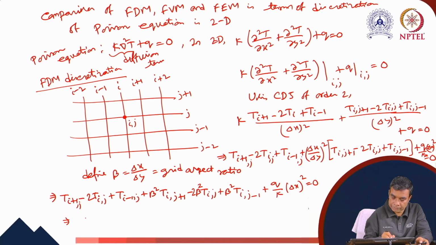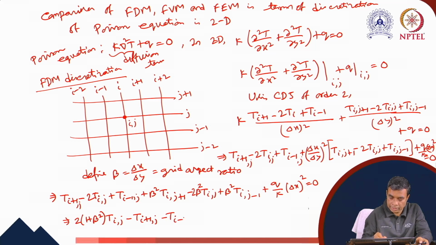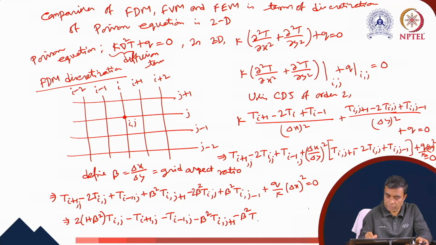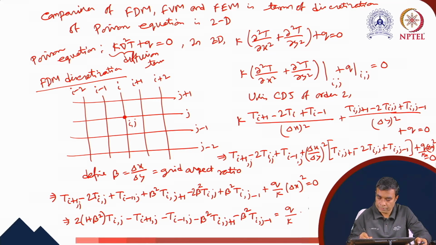This can be written as 2 into (1 plus beta square) into Tij minus Ti+1,j minus Ti-1,j minus beta square Ti,j+1 minus beta square Ti,j-1 equals to q by k into delta x whole square.